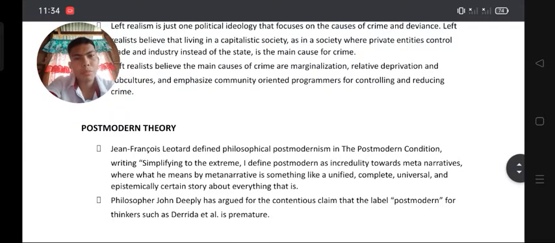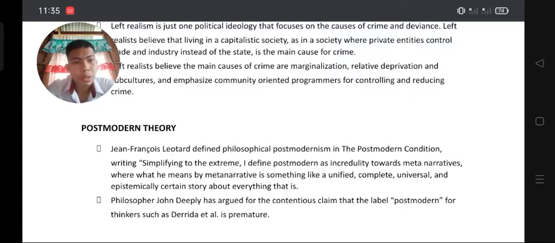The next is postmodern theory. Jean-François Lyotard defined philosophical postmodernism in The Postmodern Condition. Simplifying to the extreme, I define postmodern as incredulity towards metanarratives, where what he means by metanarrative is something like a unified, complete, universal, and epistemically certain story about everything that is.